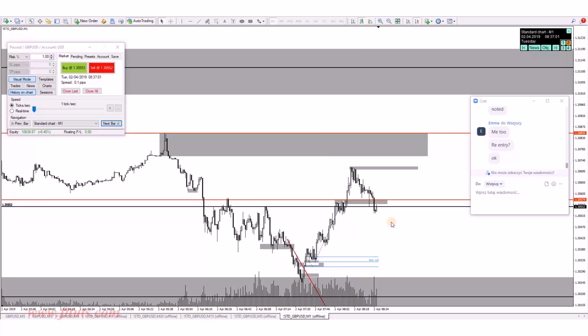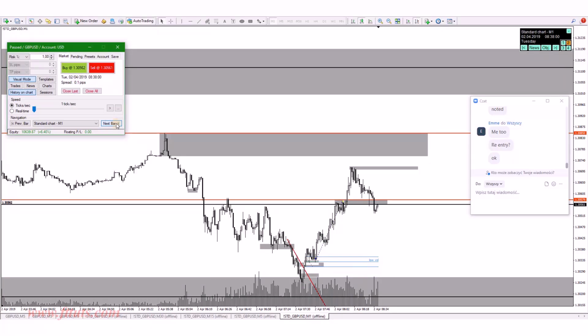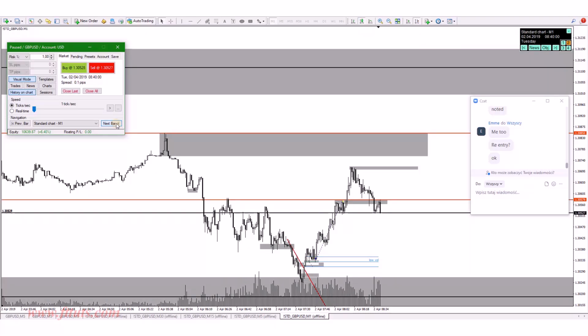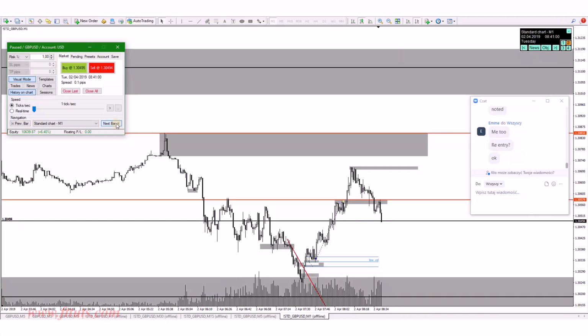I was really very picky with setups. I prefer to wait longer or not take a trade during the whole day to see something really safe. This was risky, definitely risky. Maybe with footprint I would feel better to take this, but it's correct. Yes, we got some profits. What a high volume. Wow.